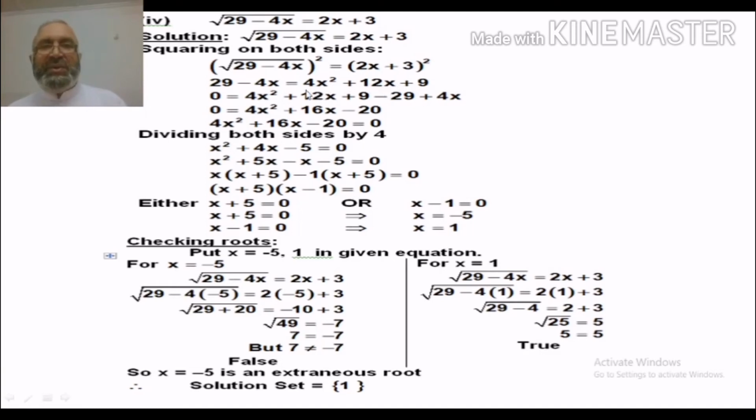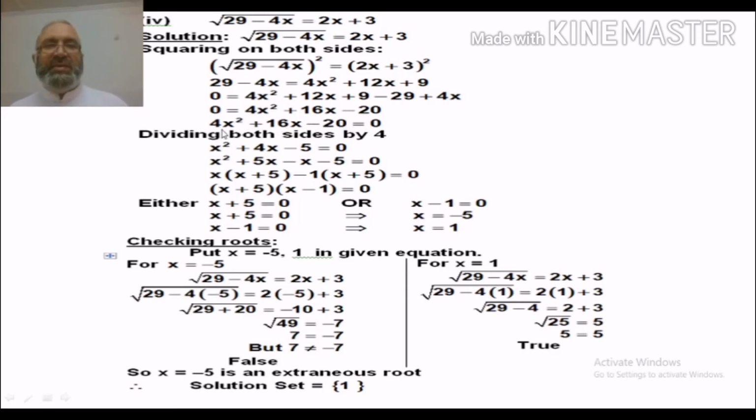Transforming all the terms to the right hand side, we get 4x square plus 12x plus 9, and that becomes plus 4x here and minus 29, here plus 29, that becomes minus 29. So 0 is equal to 4x square, and adding 12 plus 4, 16x, plus 9 minus 29 becomes minus 20, or 4x square plus 16x minus 20 is equal to 0, quadratic equation.